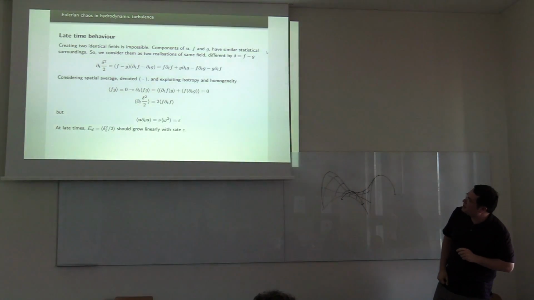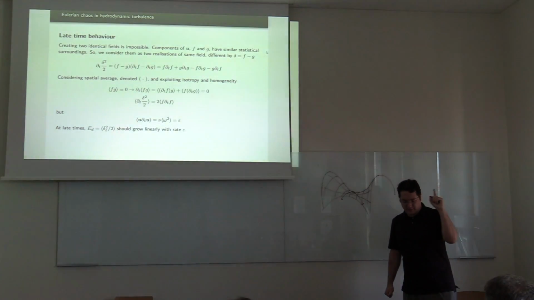So we start with an initial delta, which is the difference between F and G. You can see that the time dependence of delta squared, which is proportional to our error, was this.